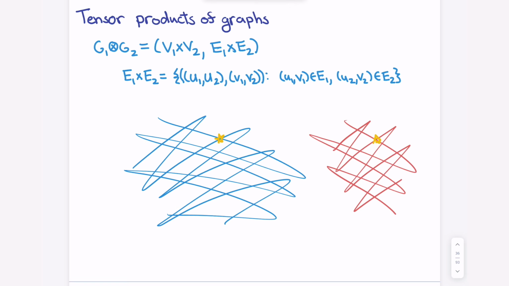Okay, so first, tensor product of graphs is what we normally call a product graph. You have vertices for every pair of vertices, and you have an edge for every pair of edges. So in one step, you move in both graphs simultaneously. Normally we call this a product graph.